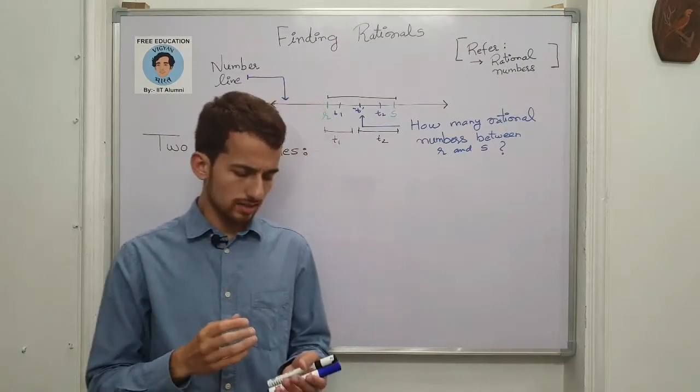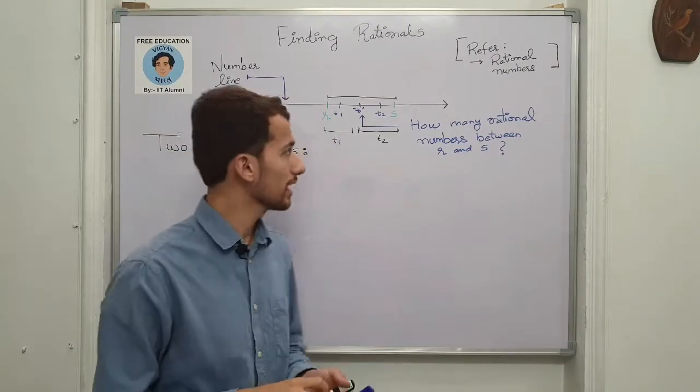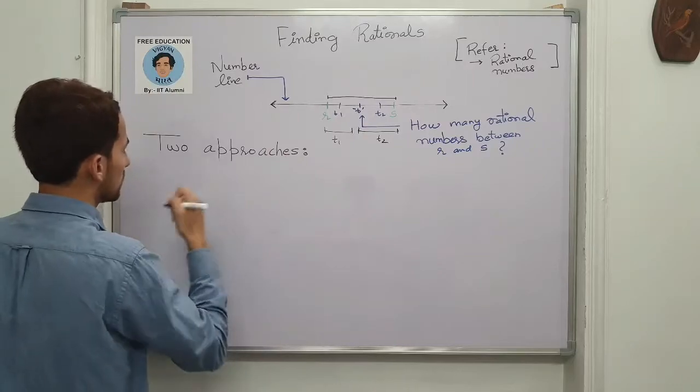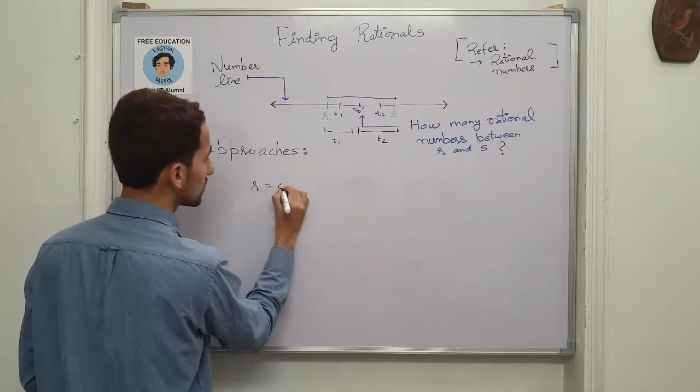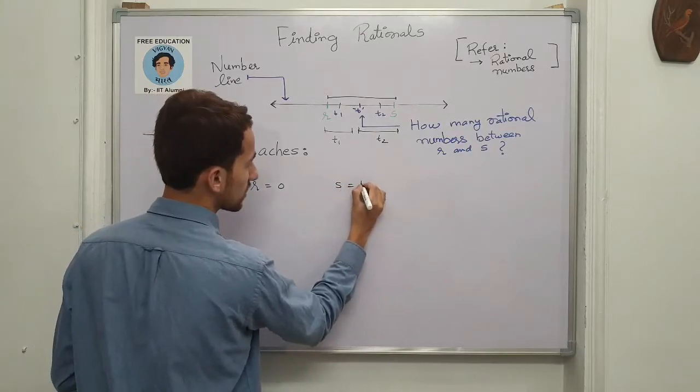For understanding, we can take some examples. Like if I choose some R and S, let R be 0 and S be 1.